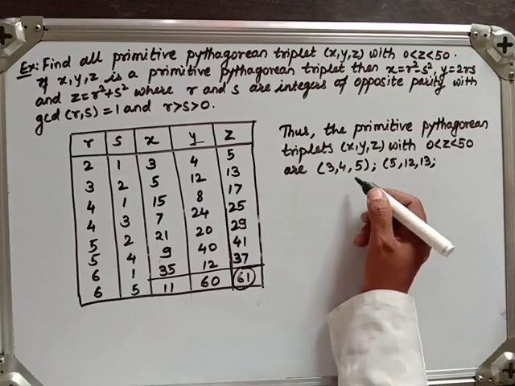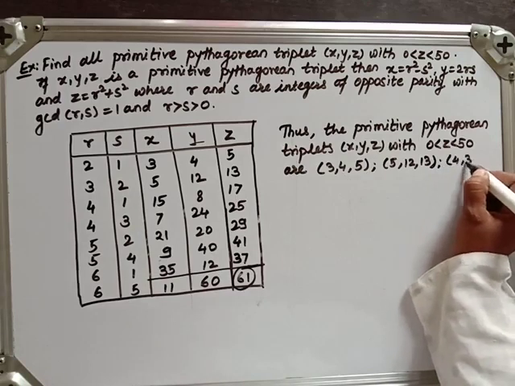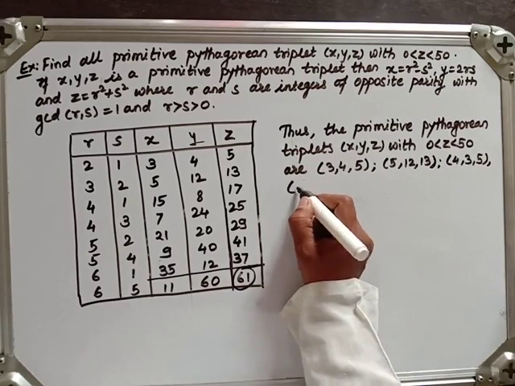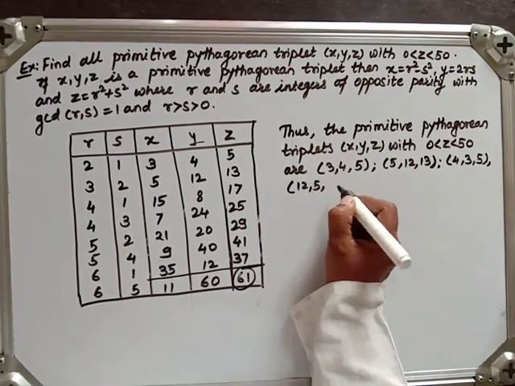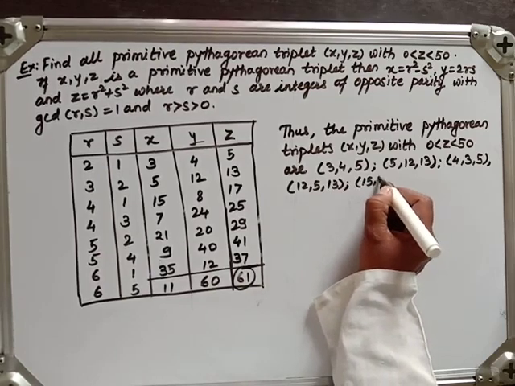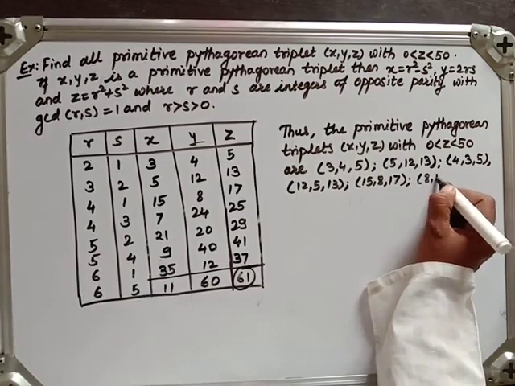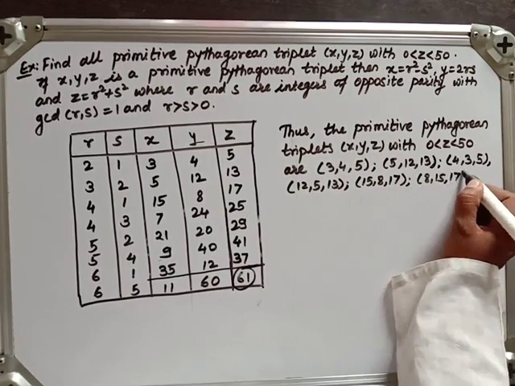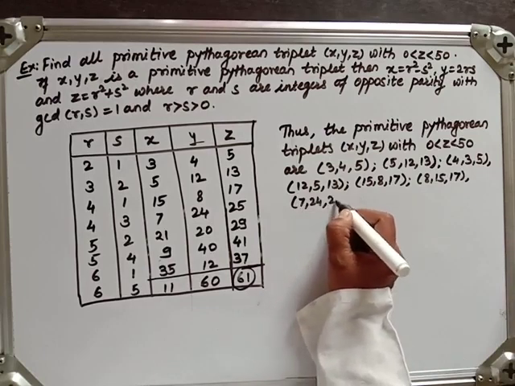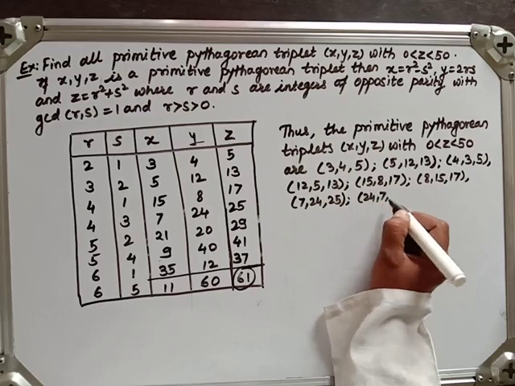This one also we can write as 4, 3, 5. Again here 12, 5, 13. Then next 15, 8, 17. Then 8, 15, 17. Then 7, 24, 25. Then 24, 7, 25.